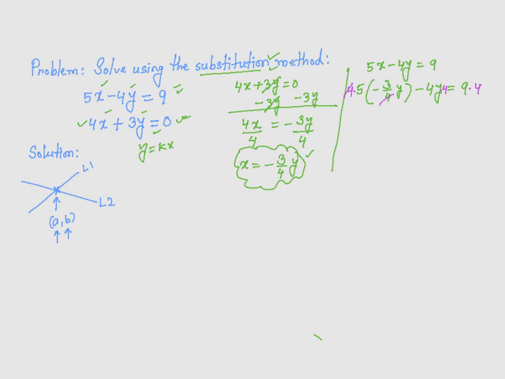This 4 and 4 is going to cancel. That's going to give me negative 3 times 5 is negative 15y. Then 4 times 4 is 16, and then minus in front, negative 16y is equal to 9 times 4 is 36. So negative 31y is equal to 36.